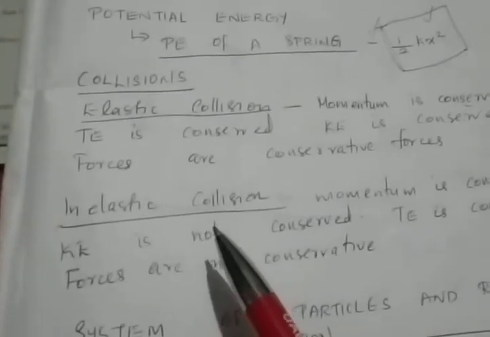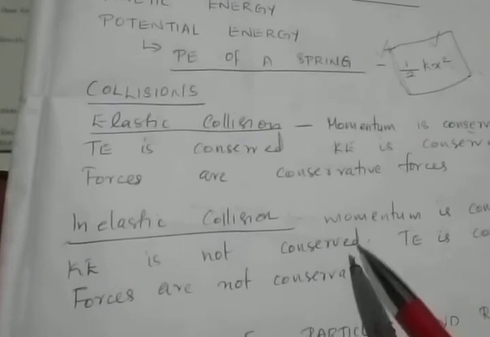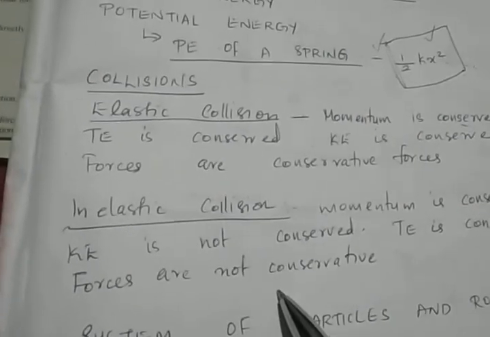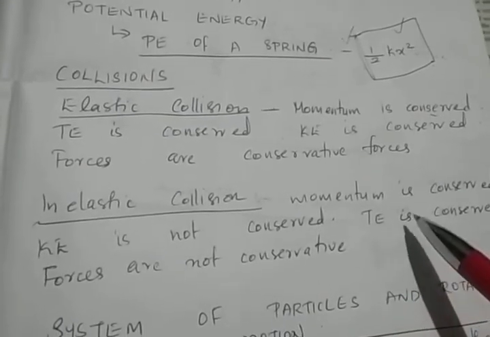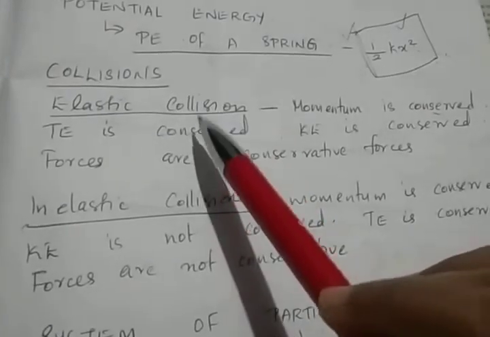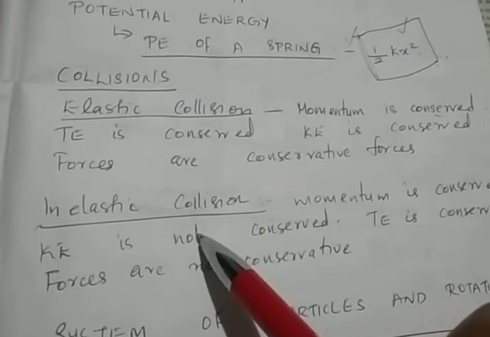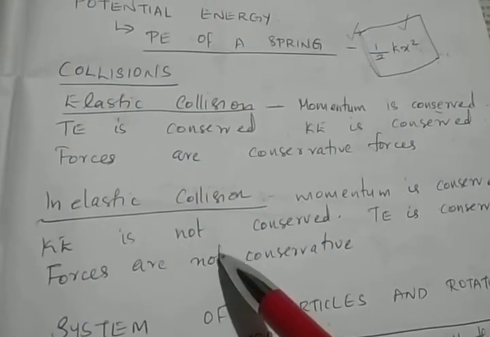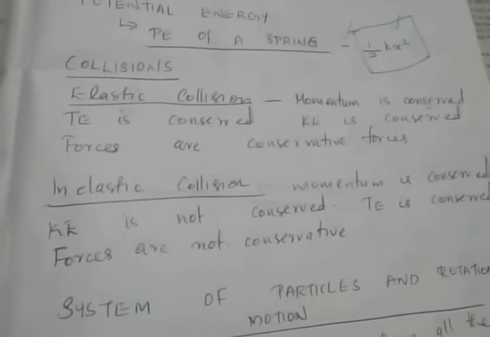But in inelastic collision, momentum is conserved, kinetic energy is not conserved, total energy is conserved, and forces are not conservative. So momentum and total energy are conserved in both elastic and inelastic collision, but kinetic energy is conserved in elastic collision. At the same time, kinetic energy is not conserved in inelastic collision. That is a peculiarity of collisions.